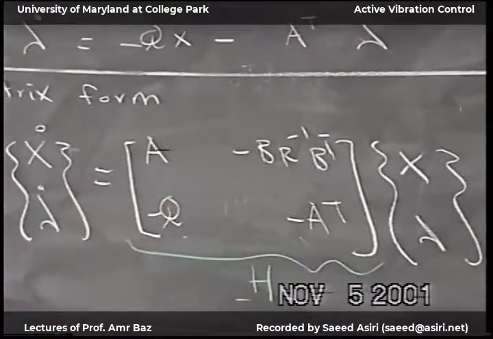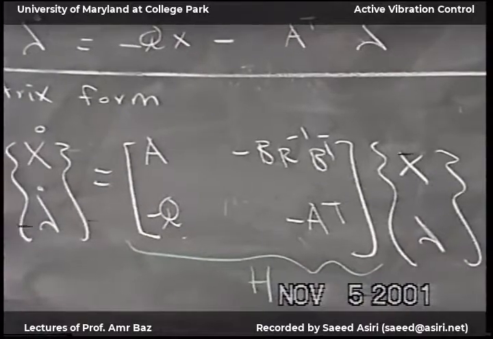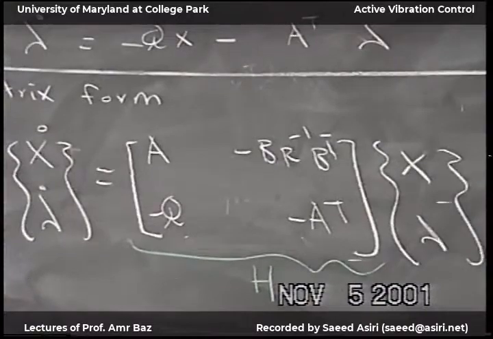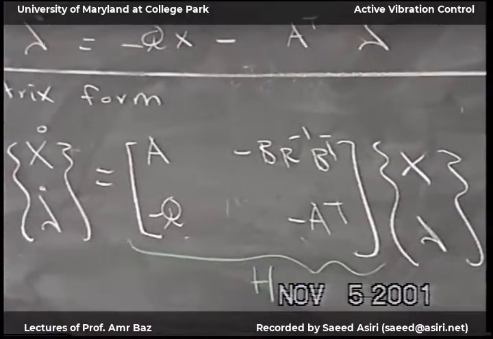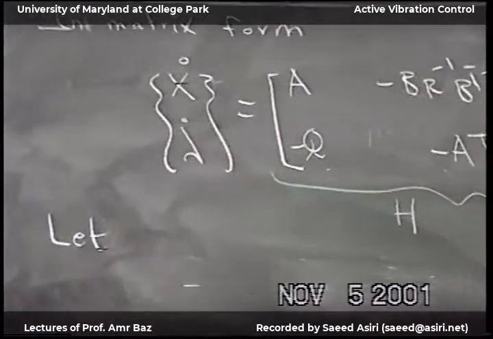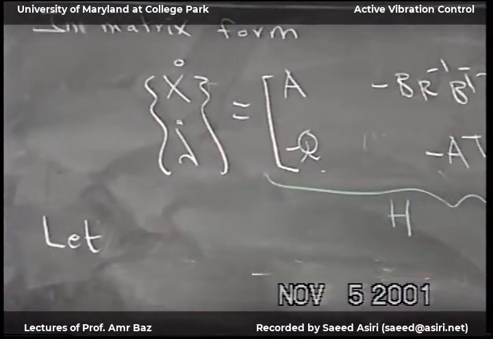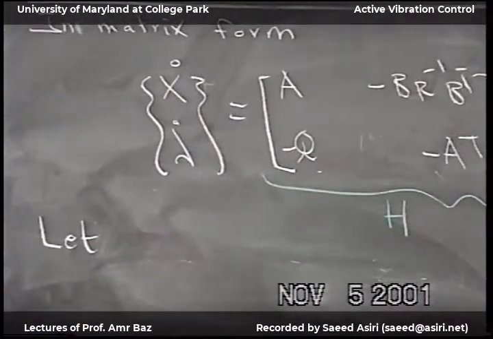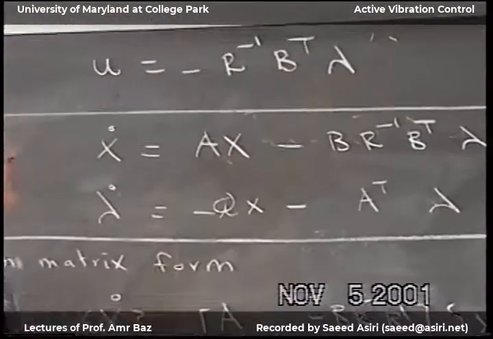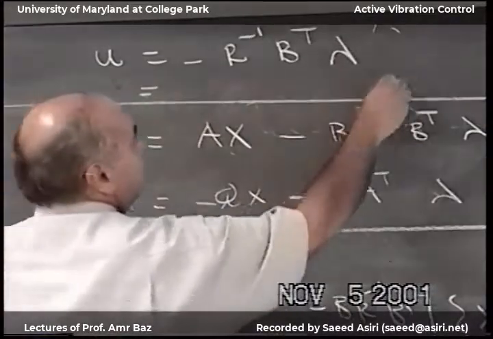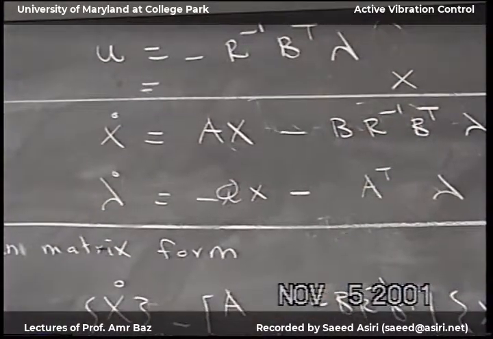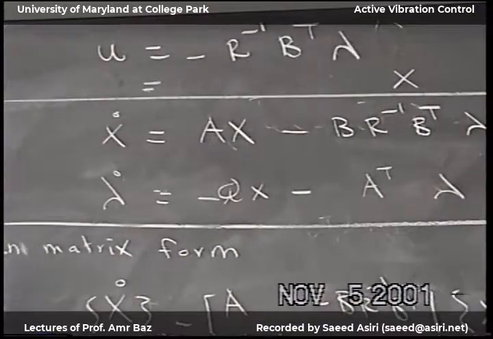Now if I go back and combine these with one little trick, let lambda and x be related. Why? Because I want to write this in terms of x, instead of lambda. So I'm going to make this little trick.